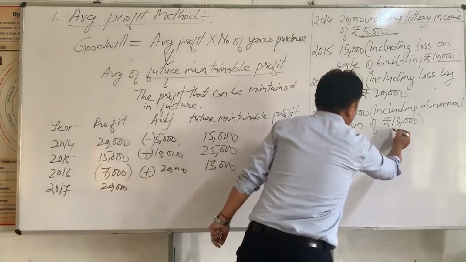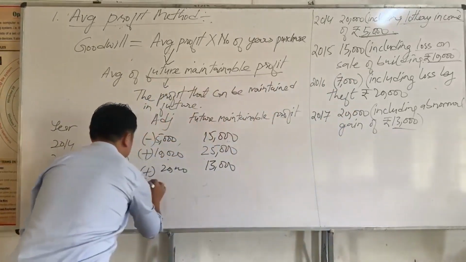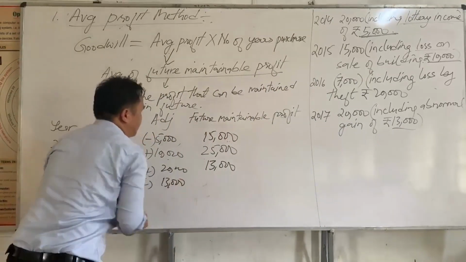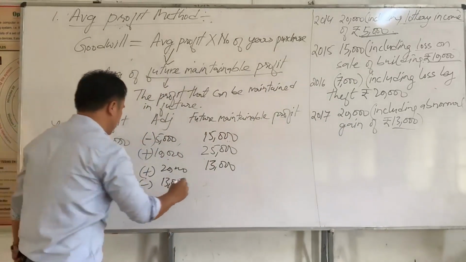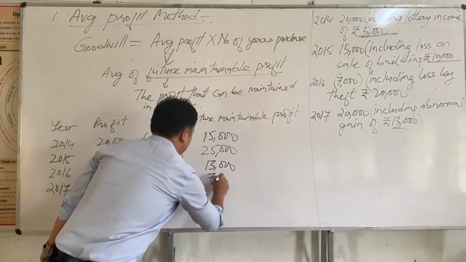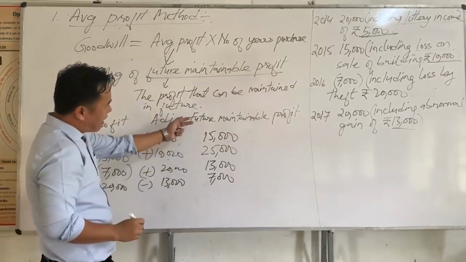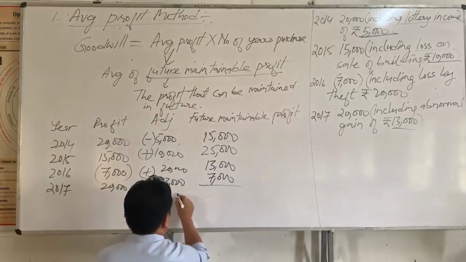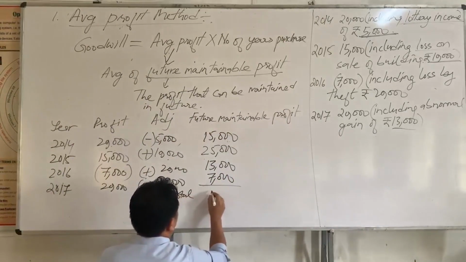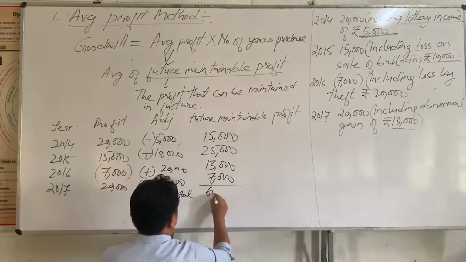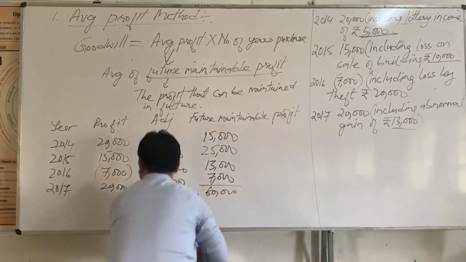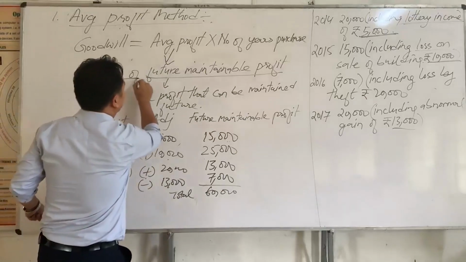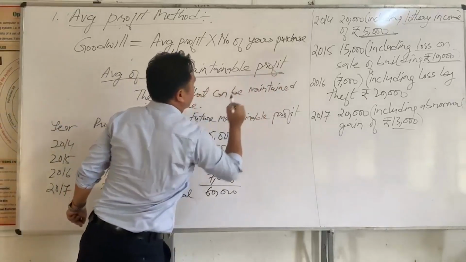If we deduct 13,000 from 20,000, then the future maintainable profit will be 7,000. If we add this profit, the total profit will be 60,000. Now we can calculate average of future maintainable profit.